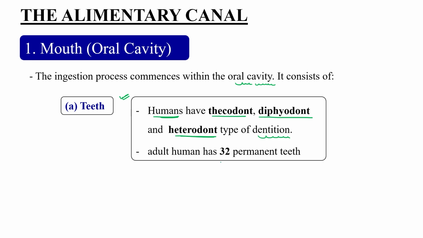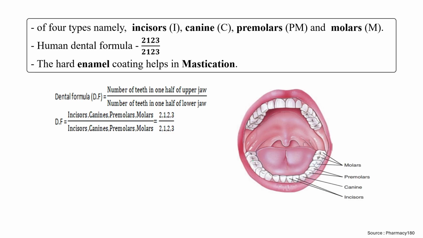In an adult human being, we have 32 permanent teeth. Okay, if I draw a vertical line in the oral cavity and count this much amount of teeth, there is a dental formula with the help of which we can count the total number of teeth of any individual.